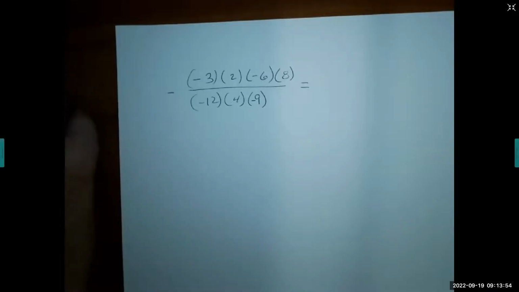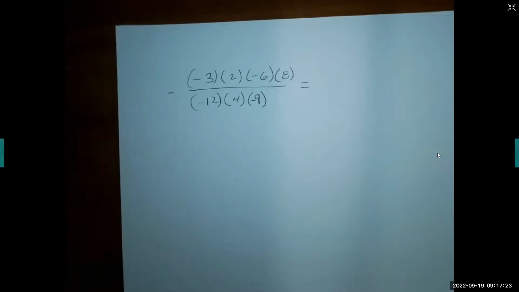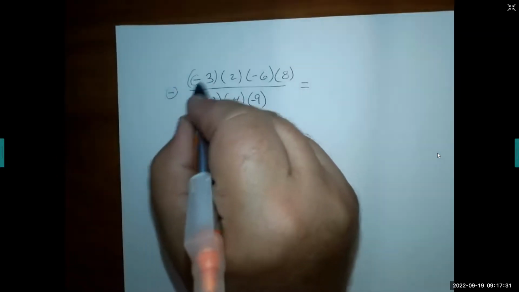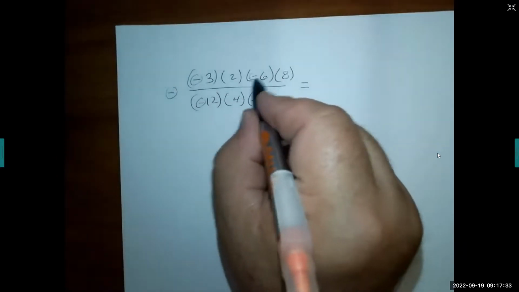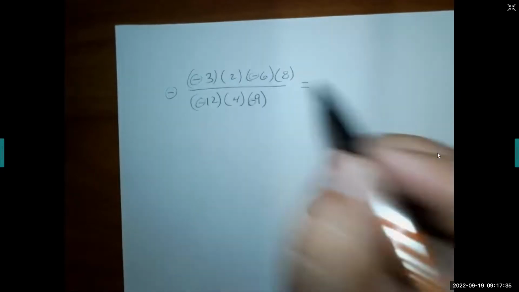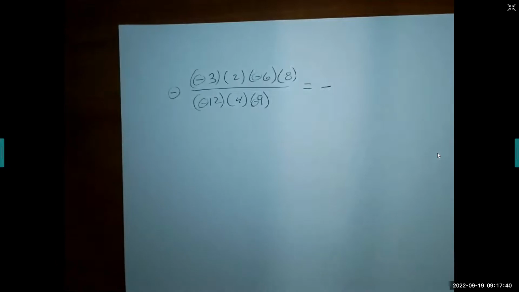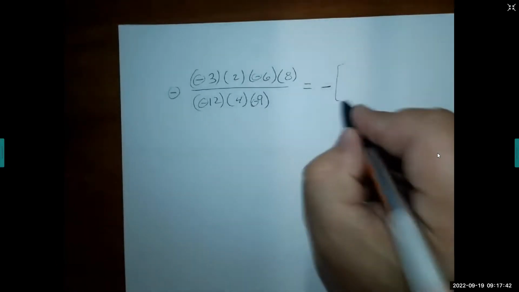Okay, go ahead and work it out, and then I'll work it out for you. First off, is the answer going to be positive or negative? Negative? Let's see. We have 1, 2, 3, 4, 5 negatives. It's odd. So the answer is going to be negative. Very good. So that is the first part.